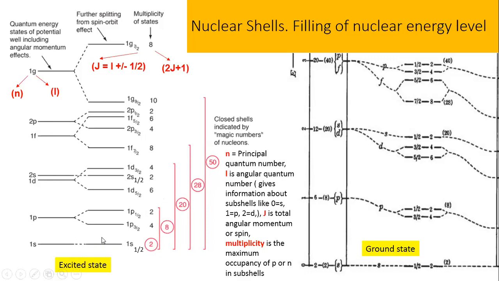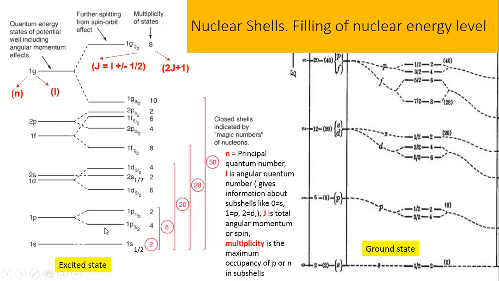So here you can see the difference. The maximum capacity of S is 2, and P will be 6. Four protons or neutrons are filled up at P3 by 2, and 2 are filled up in P1 by 2. So the total protons or neutrons are 6.